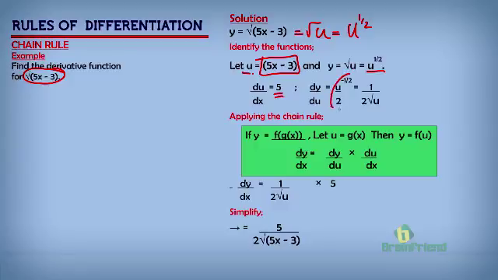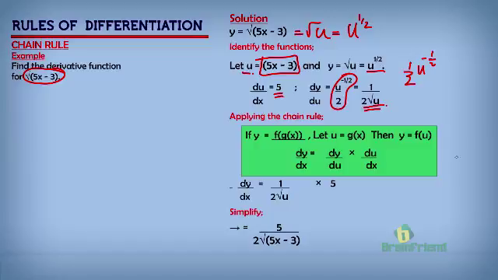To work this out, all we need to do is remember our power rule. Our half would come down to multiply u, and hence we have 1 over 2 u. Half minus 1 would give us minus half. And that's why we have u raised to power minus half all over 2. Again, from our laws of indices, we could also express u raised to power minus half as 1 over 2 square root of u.